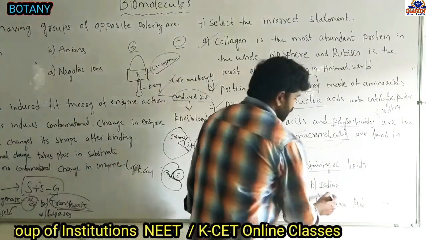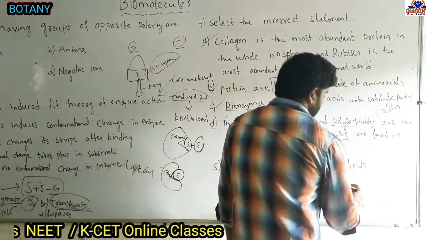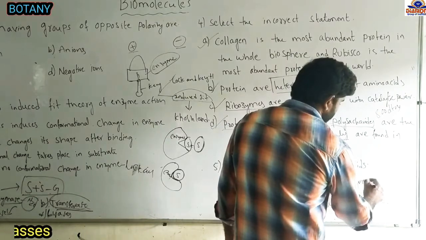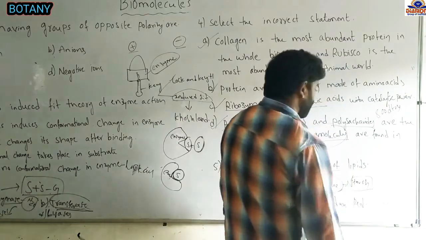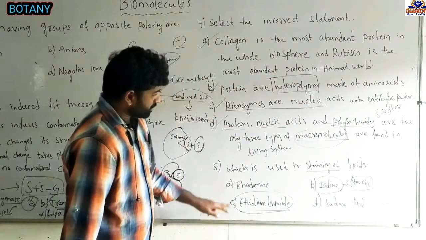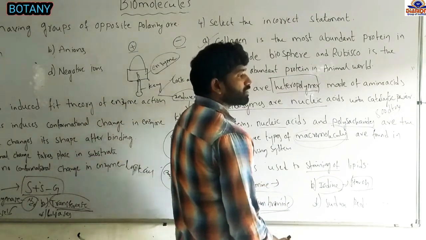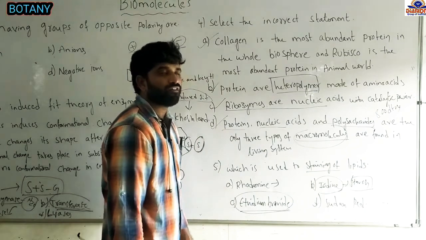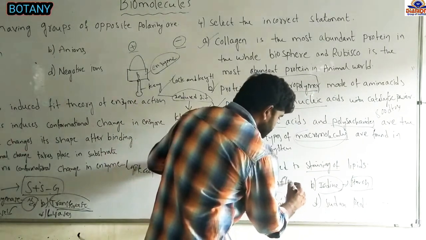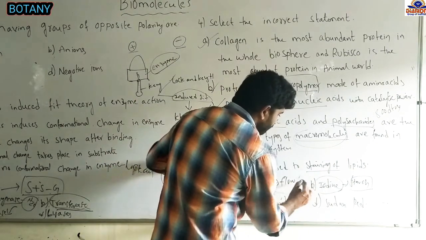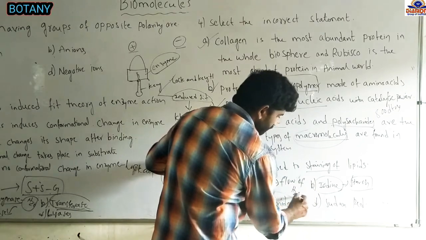And iodine is used for the confirmation of starch, for detecting starch. Rhodamine is the molecule we use to determine the flow of water.